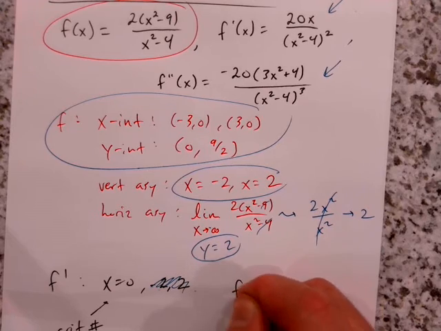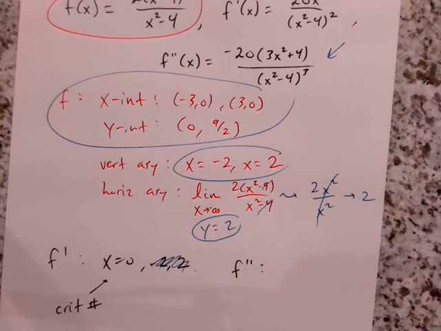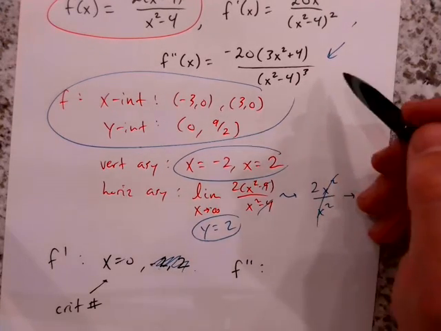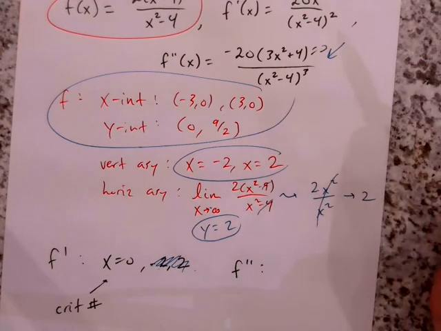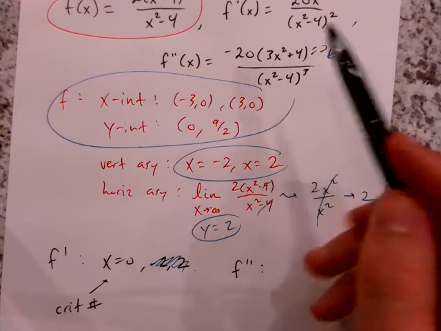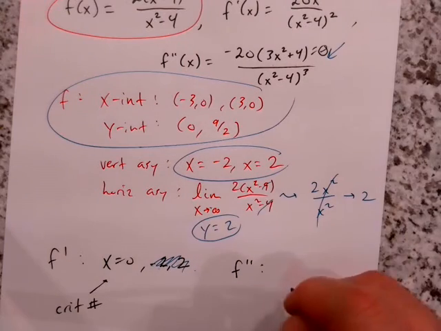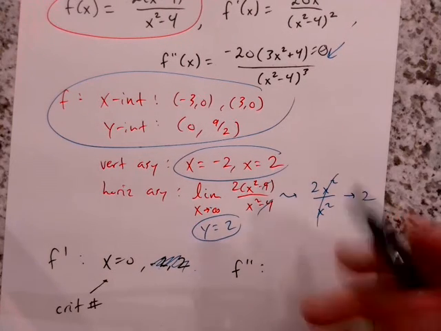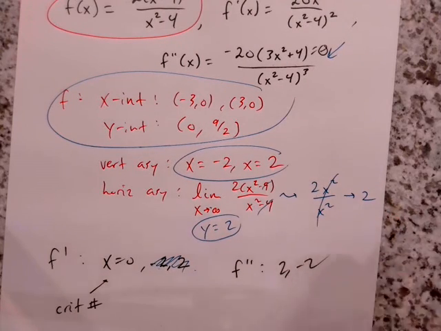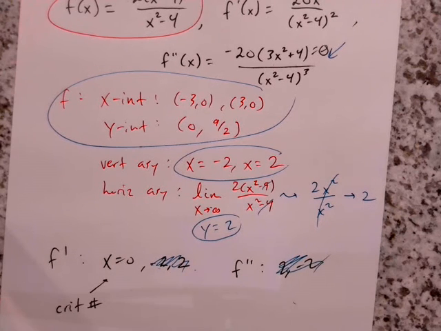And then f double prime. Where does our graph change concavity? We set the top of f double prime equal to 0. It's never 0, because 3x squared plus 4 is never 0 for the real numbers. And the bottom is 0 at 2 and -2. So we cross those off, because those are not points where the function exists.